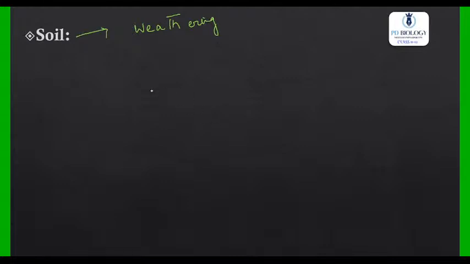So the appearance of different layers superposed one above the other in a vertical section of soil is called soil profile. I think you all remember this one.